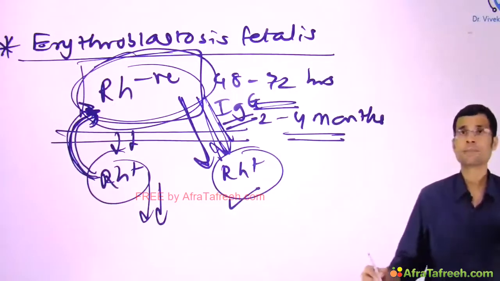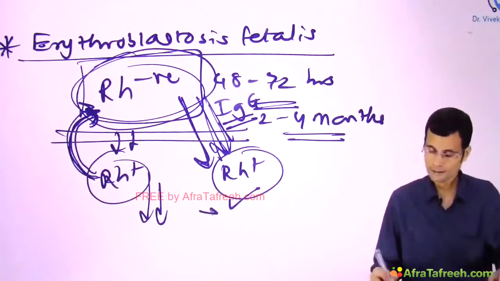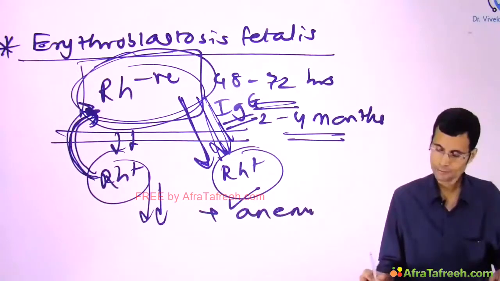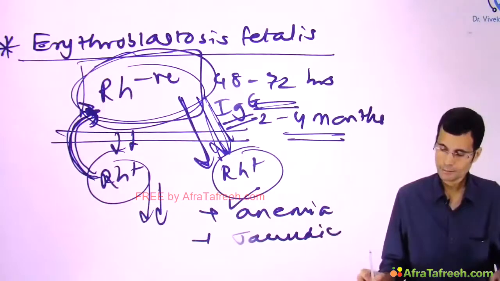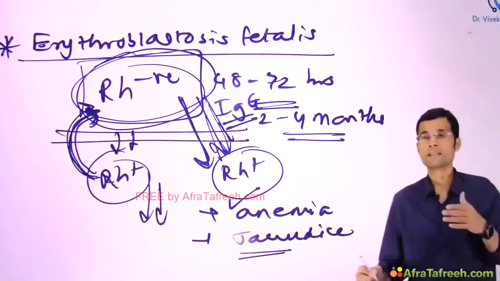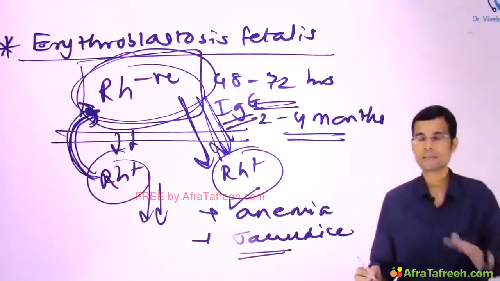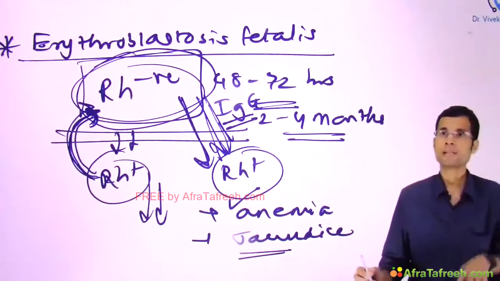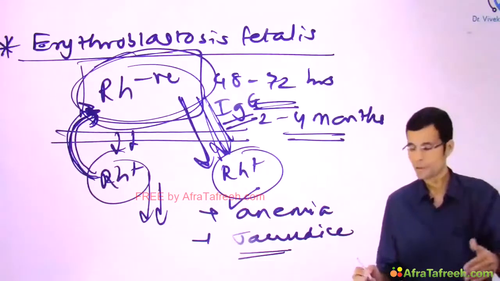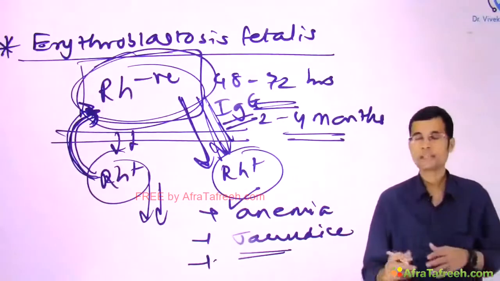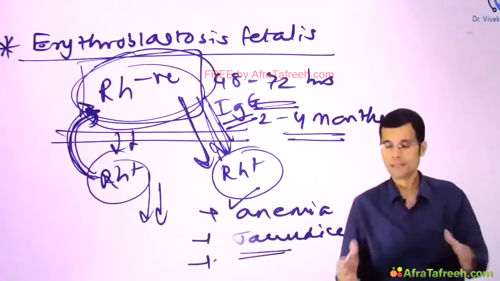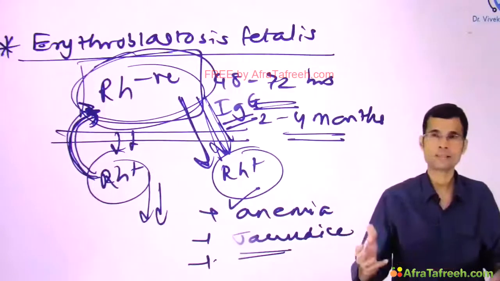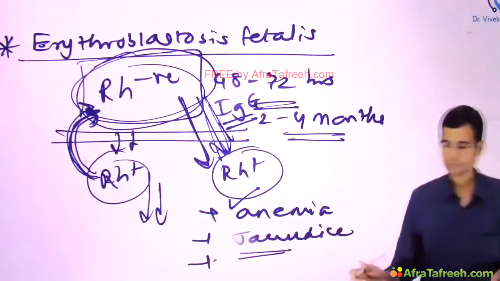It will result in destruction of RBCs, therefore anemia, jaundice, because RBC destroyed, hemoglobin liberated and converted into bilirubin. So anemia, jaundice, acute renal shutdown, these are some of the common manifestations of excessive massive hemolysis.